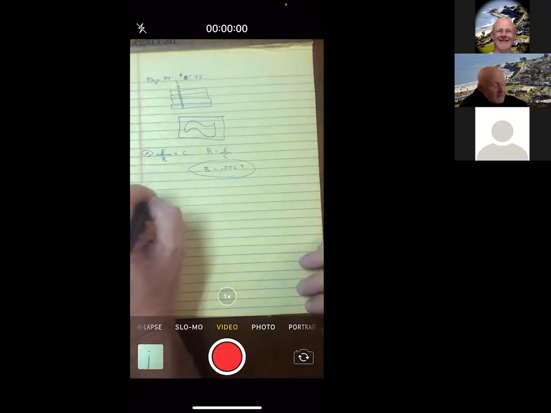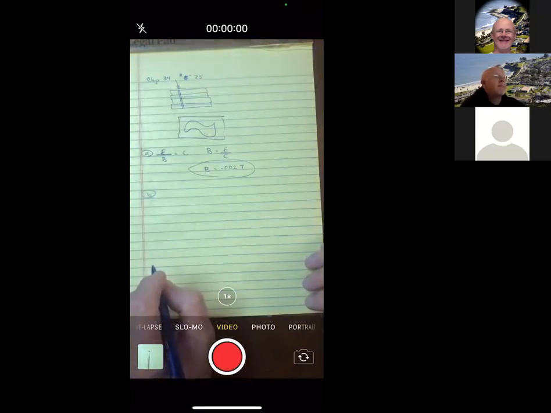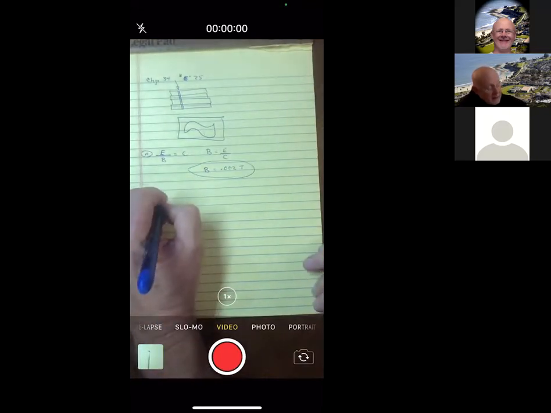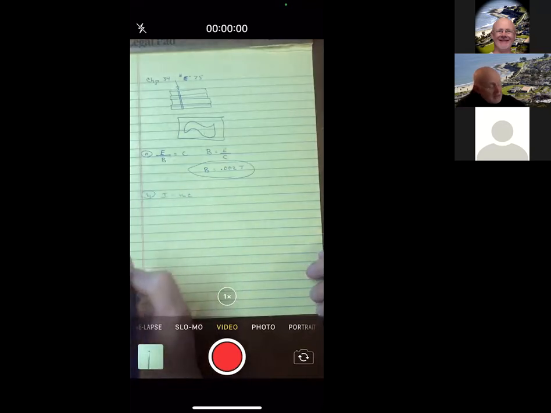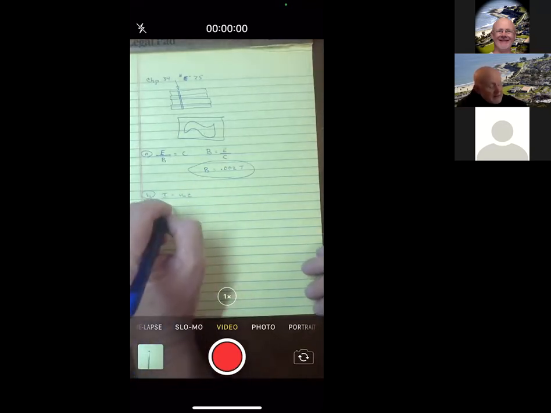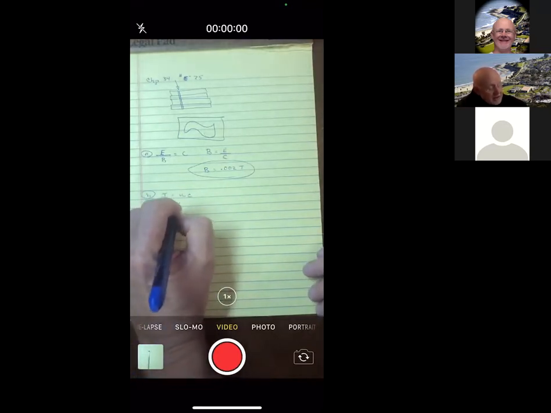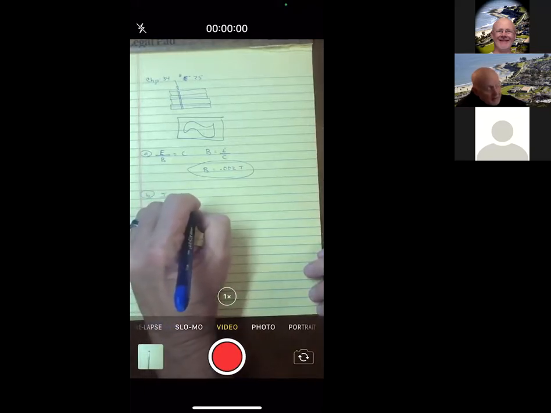B, the intensity of the laser. Okay, so like the other problems, the intensity is the energy density times the speed of light. And the energy density, we can either get that from the electric or the magnetic field maximum.